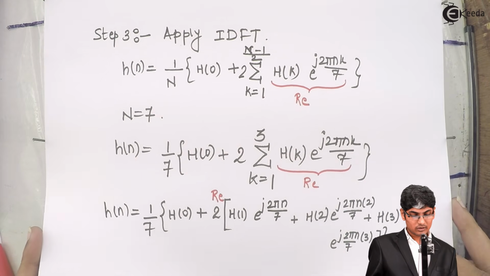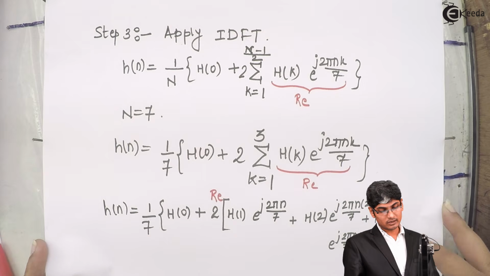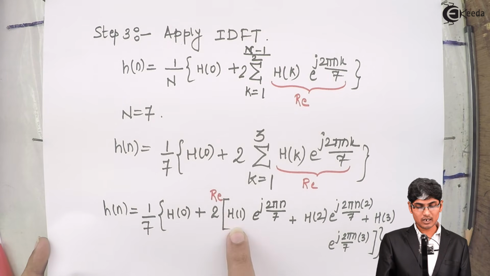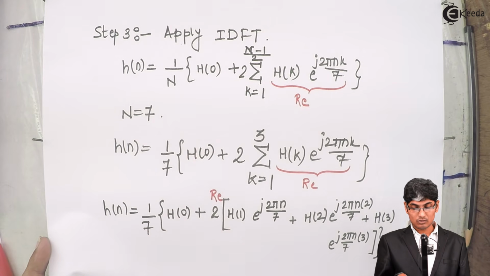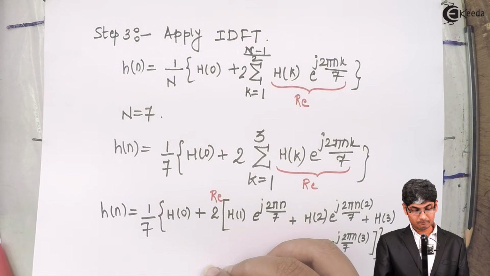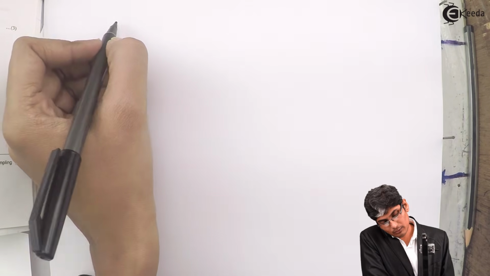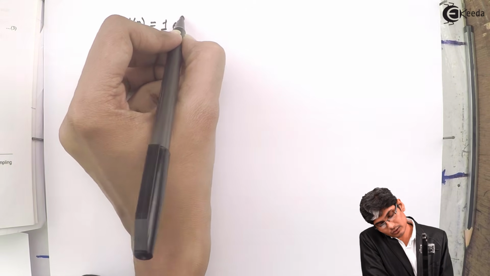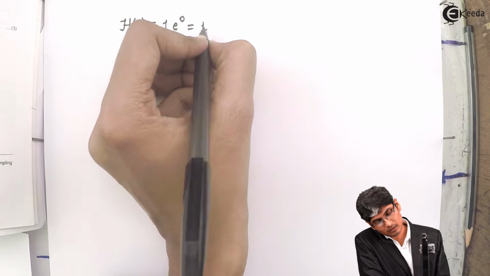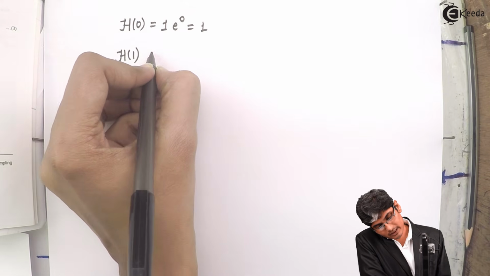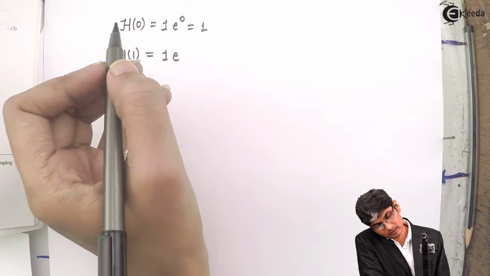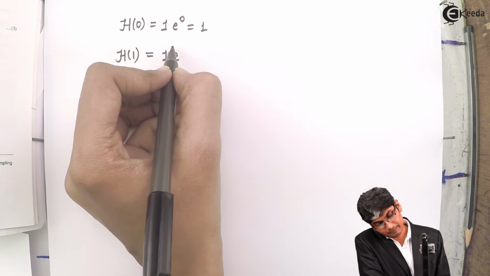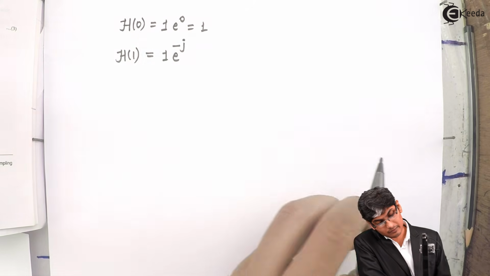Now I will use these functions and see what is h of 3, h of 2, h of 1 and h of 0. Substitute it, solve it for various values of n. I will get h of n. So let us solve it. If I put k is equal to 0, my h of 0 will be 1 e raised to 0, which is nothing but 1. If I put h of 1, that is k is equal to 1, I'll get 1 e raised to minus j, right?